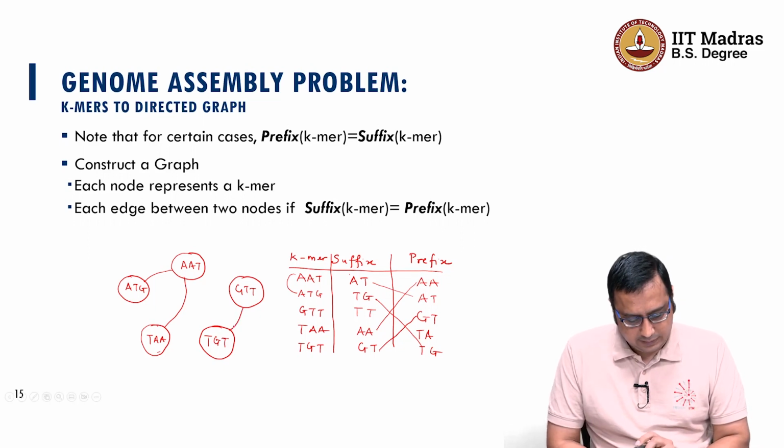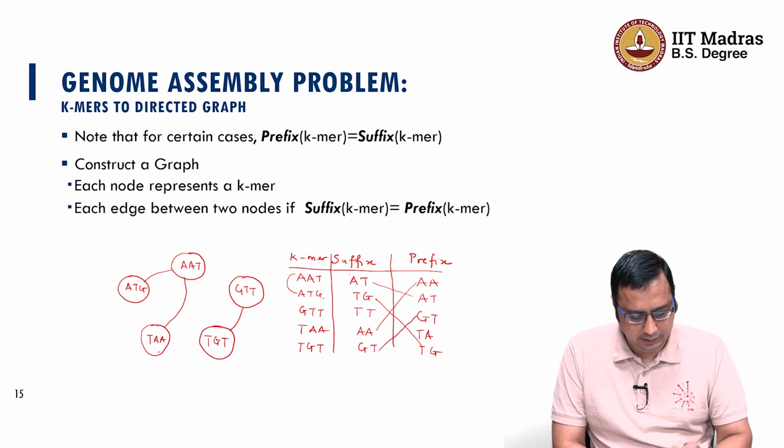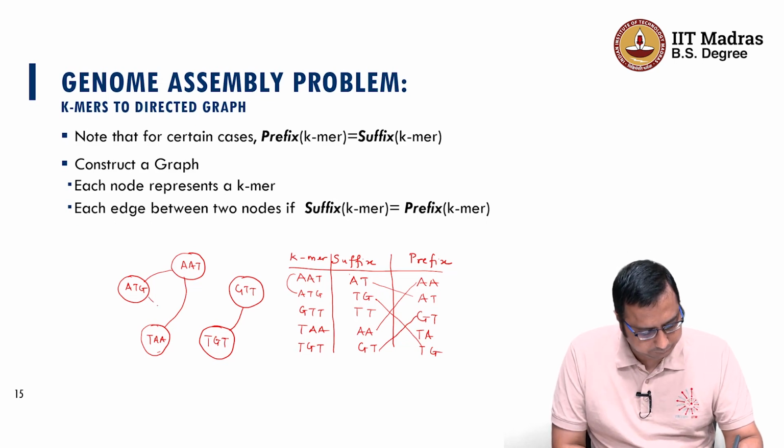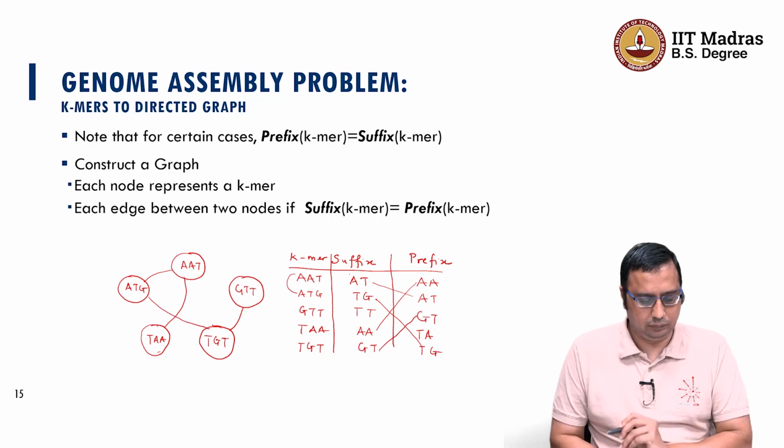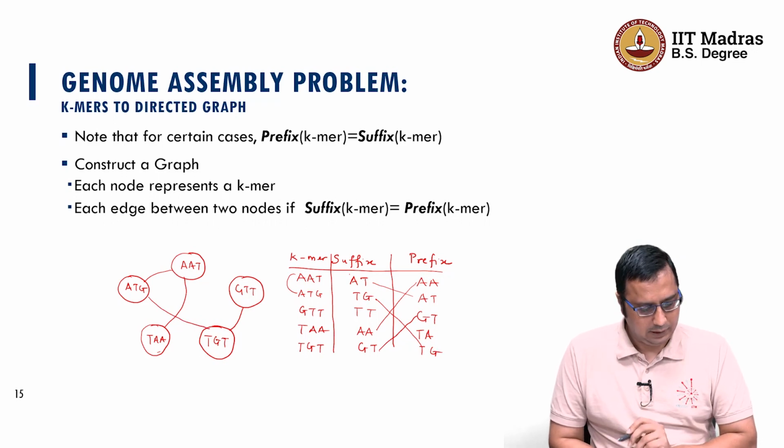And in the same manner, we have TG, TG for ATG and TGT. So we'll have another one. Now, what we can do is, these are undirected edges.